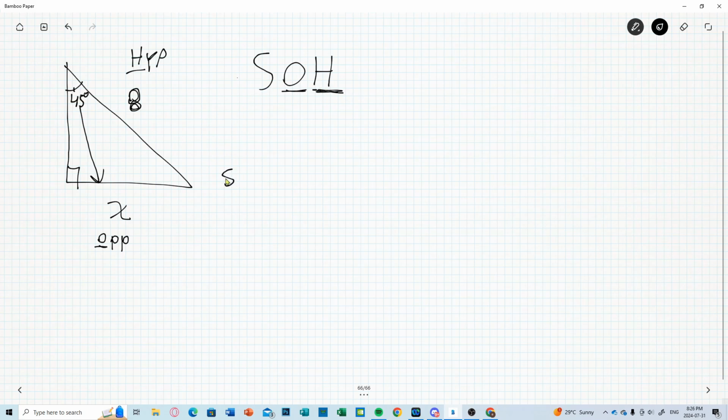Now, just write the formula of sine 45, because that's our angle, is equal to opposite, which is our x, divided by hypotenuse, which is 8. And just like the cosine example, we want to get rid of this 8 in the denominator, and that means x is all by itself already. We're able to just multiply it by 8 to get rid of both 8's.